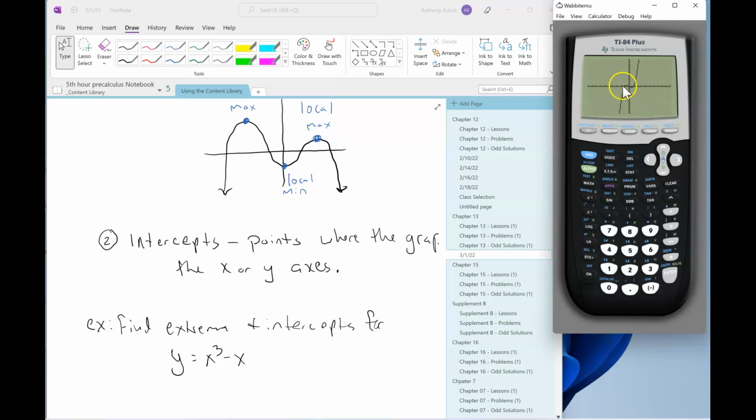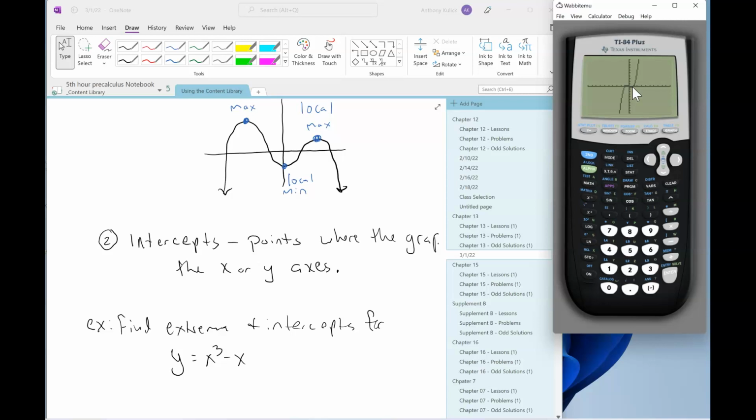Now, when I look at this, I'd like to see a little bit more of what's going on. It's kind of far away. There's a lot of empty space along the edges. So I'm going to adjust my window some more. I did the zoom standard just to get something I could look at, but it doesn't mean I can't get a better picture.